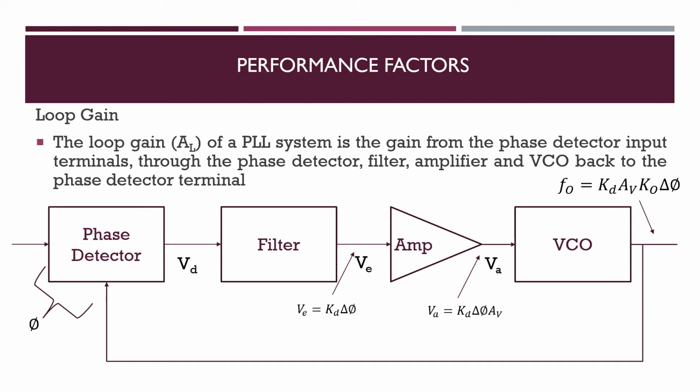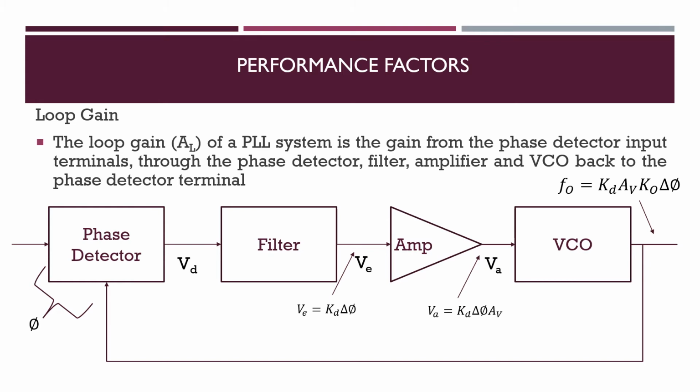Now seeing this block diagram, the closed loop gain or the loop gain AL is nothing but the ratio of F0, the output frequency, to delta phi, the change in the input phase difference. So F0 divided by delta phi will be equal to Kd, Av and K0.